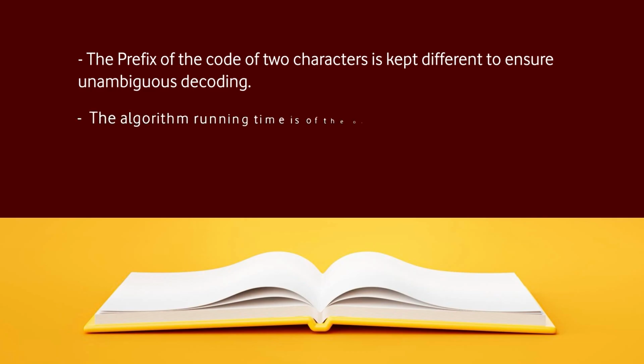The algorithm we have already discussed, and the running time of this algorithm is n log n. So, next time onwards, when you are using frequency oriented data transmission of alphabets, try Huffman encoding.